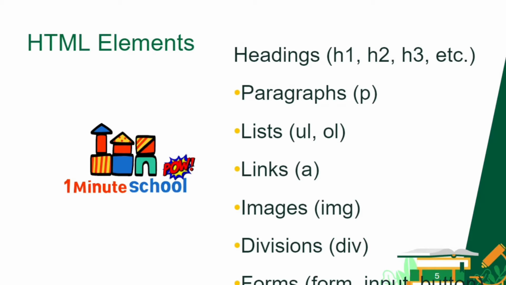These are the HTML elements. Here is heading H1 to H6, paragraphs, P, list, links. So this is the first class. I'm just gonna introduce you to HTML elements and the basic fundamentals to dive into the courses.